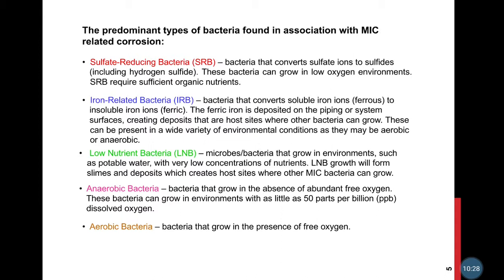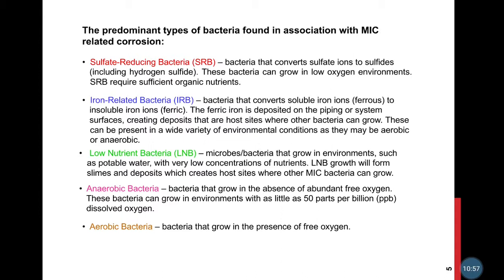Kalau SRB ni normally dia punya activities ialah by converting the sulfate ions to sulfides, okay, including hydrogen sulfide. Ini lebih kepada chemistry sikit lah. So this bacteria can grow in low oxygen environments. So SRB require sufficient organic nutrient.